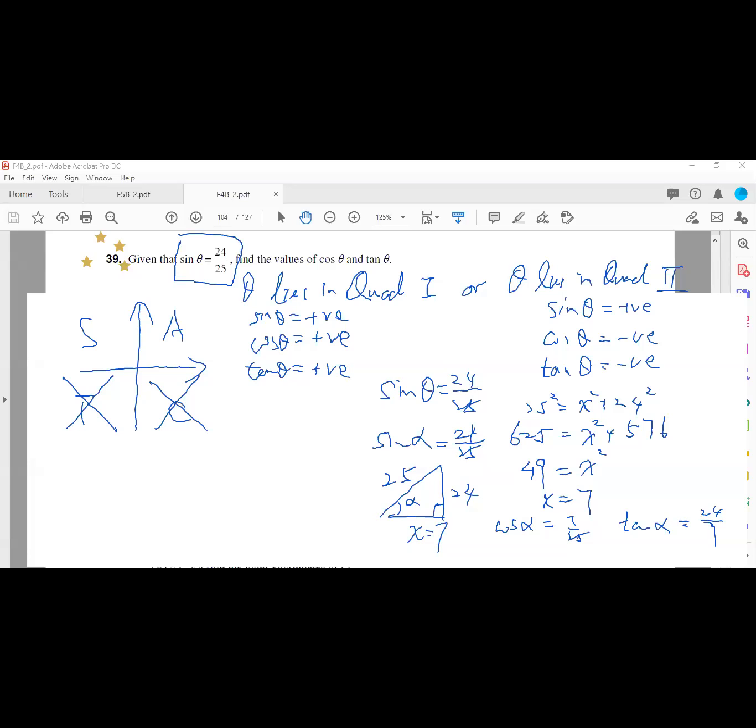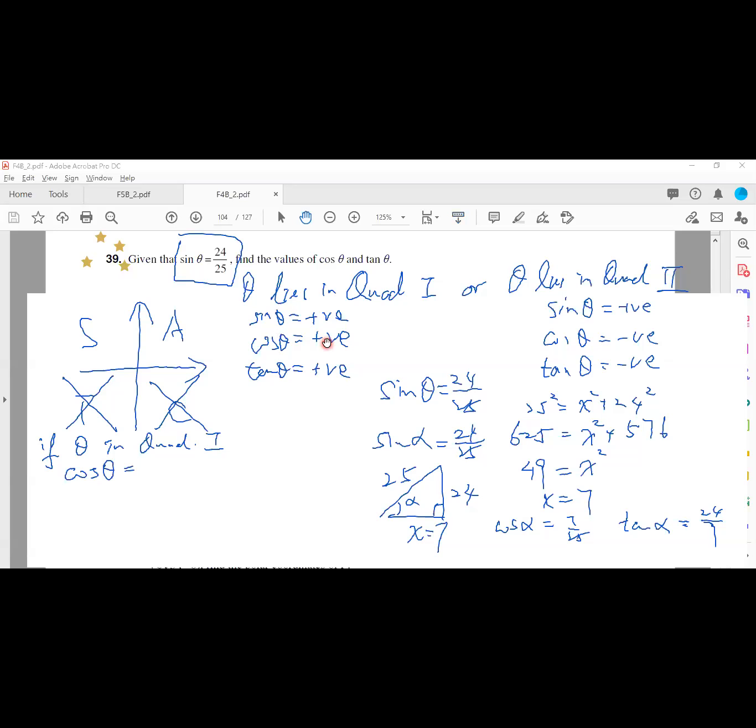Okay, but the question is not asking us to find alpha. It is asking us to find theta. So we will answer the question in two cases. If theta is in quad 1, then cosine theta will be a positive number.